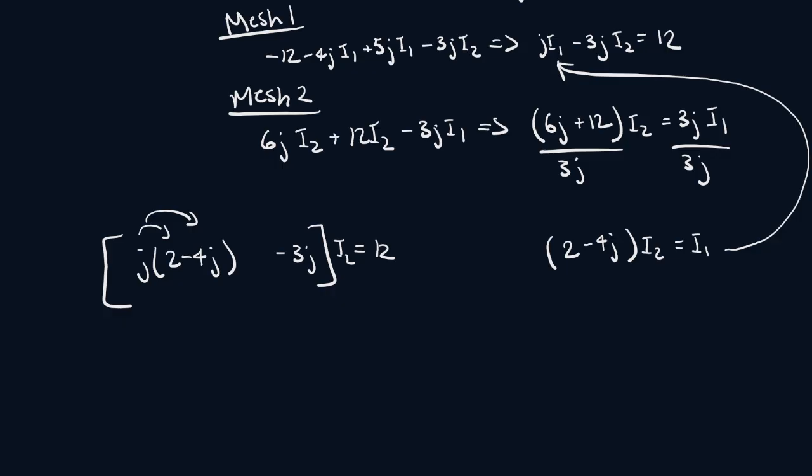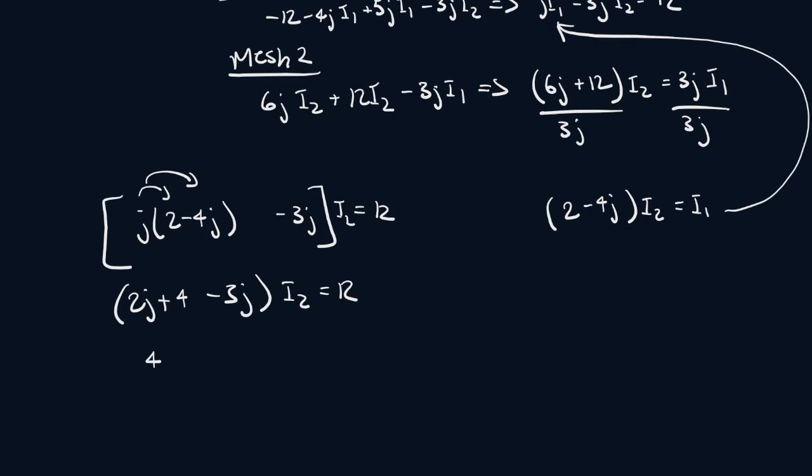So it will be 2j minus 4j squared, which is just minus 1, so it will be plus 4. Then obviously there's minus 3j. So it's going to be (4 minus j) I2 is equal to 12.